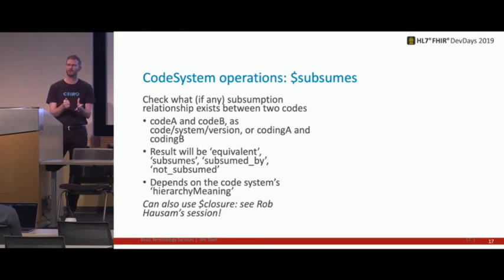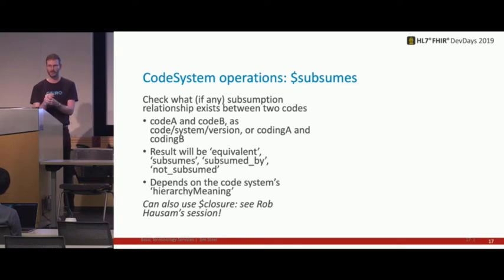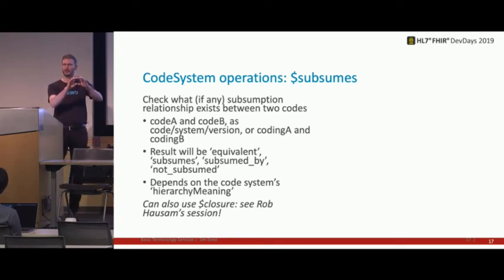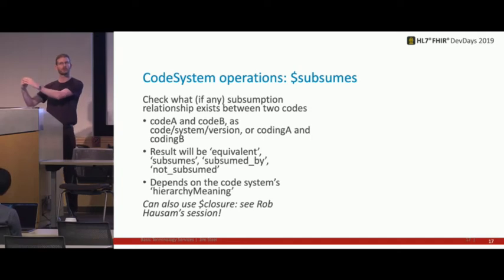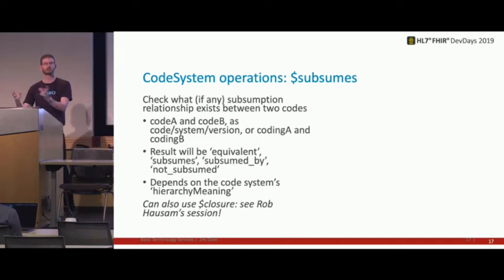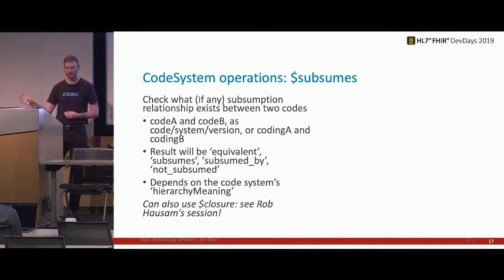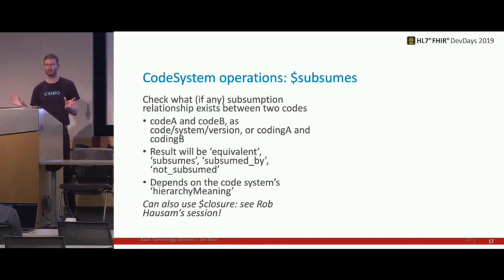That seems like it would only happen if you passed in the same code as both code A and code B. But if your code system actually supports post-coordination, then it can be really useful to be able to say, I've got this code which is expressed as a post-coordinated string, and I've got this pre-coordinated code. It can be really useful to know if they are actually equivalent. Alternatively, it could come back and say it subsumes, so code A subsumes code B, or it could say subsumed by, code A is subsumed by code B, or it could say there's no subsumption relationship that holds between these, so not subsumed.